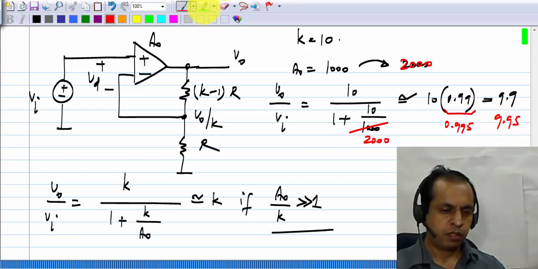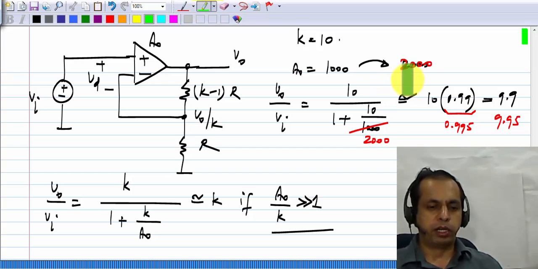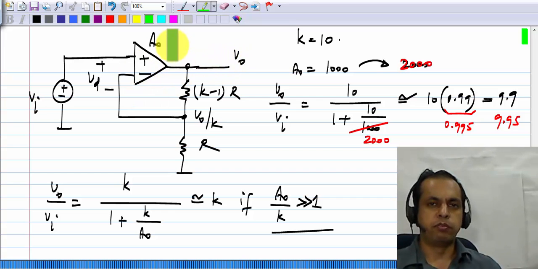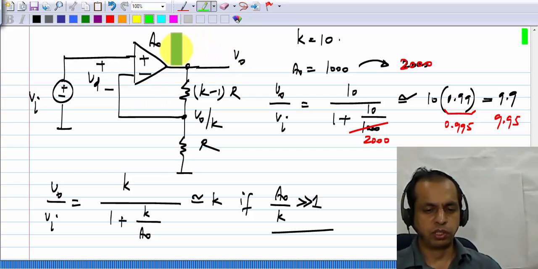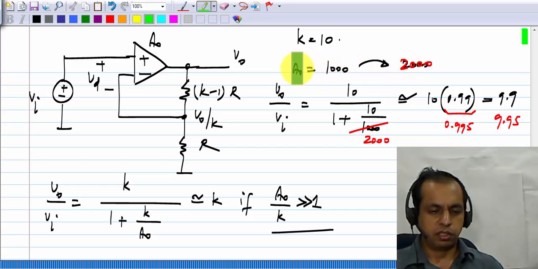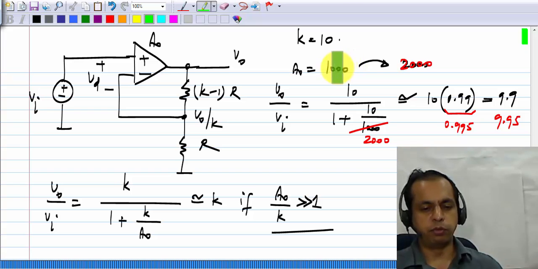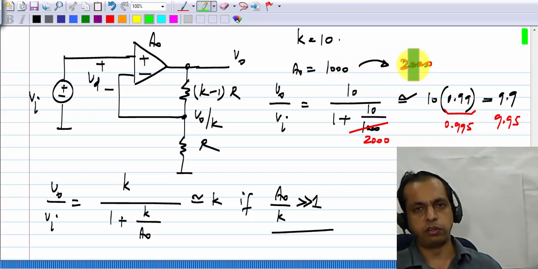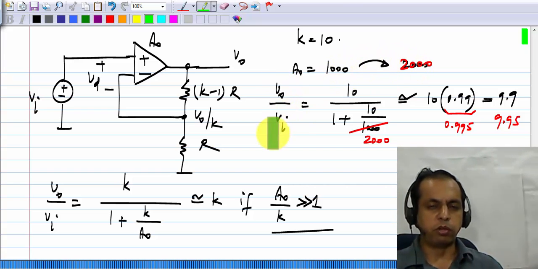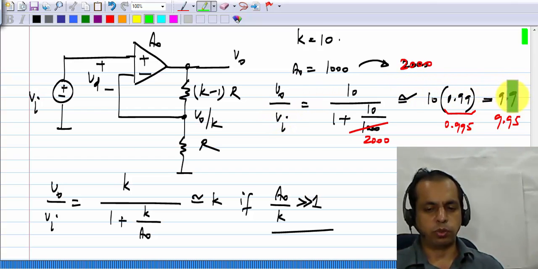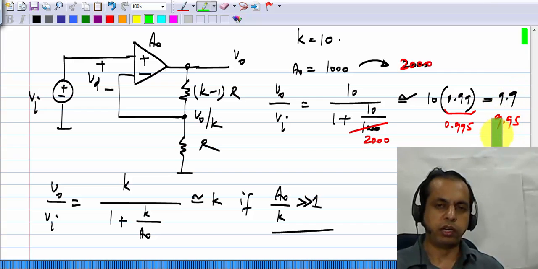Okay. So this is the advantage of negative feedback. You may be wondering why I realized a negative feedback controlled voltage source using an op-amp, which is by itself a voltage controlled voltage source. This is the reason. The parameter of the voltage controlled voltage source within the op-amp, the gain of the op-amp, can vary by quite a bit. It can vary by a factor of 2. But you can see that V naught by Vi, the closed loop ratio of the voltage controlled voltage source, is changing from 9.9 to 9.95.